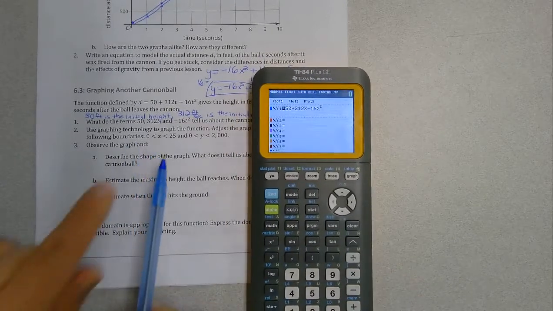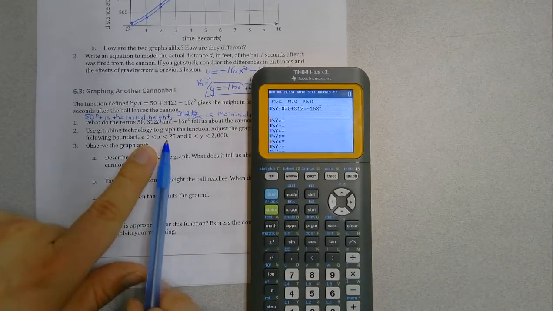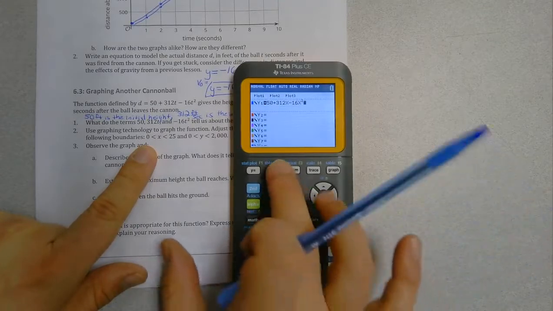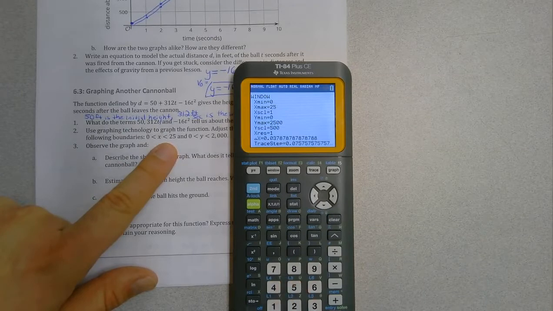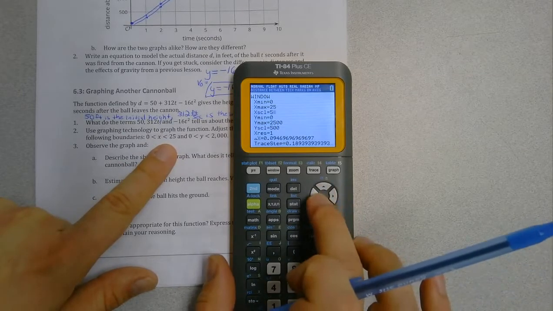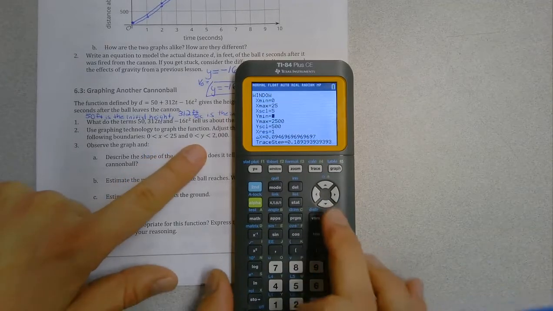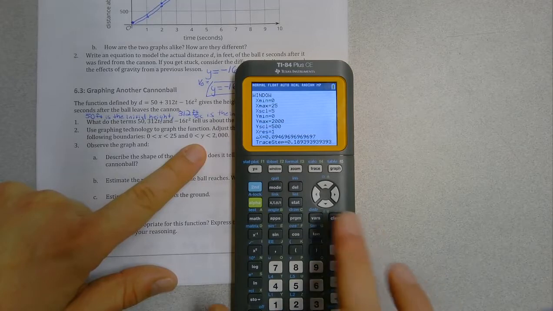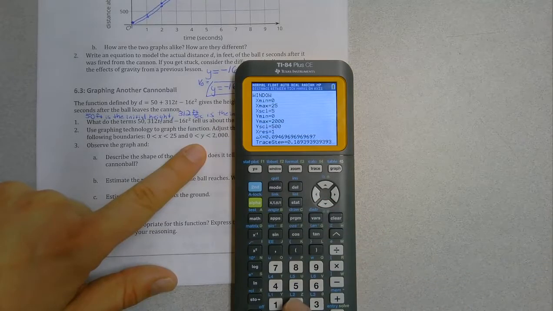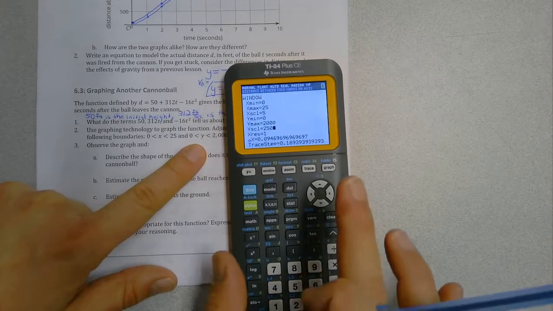And then we just have to change our window for x from 0 to 25. So I'm going to press window. X min is 0. I'm going to change the x max to be 25, and change that scale to counting by fives. And then the y is 0 to 2,000, and I'm going to have it count by 250. And then graph it.